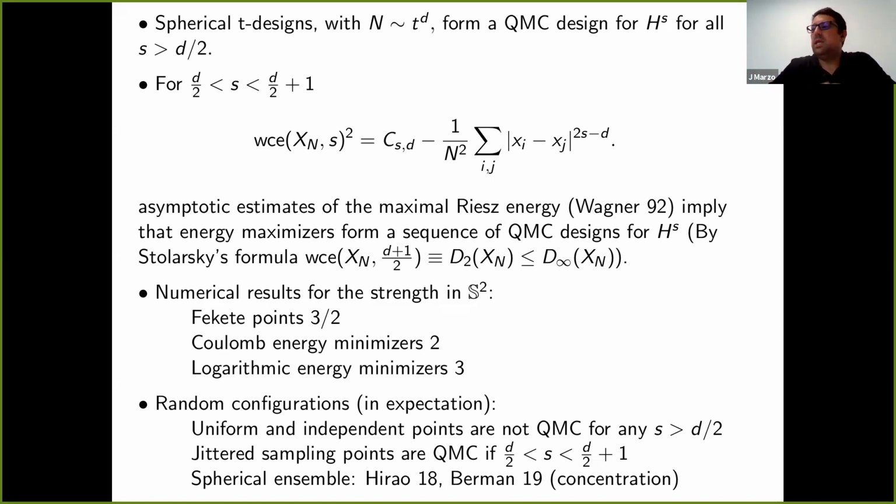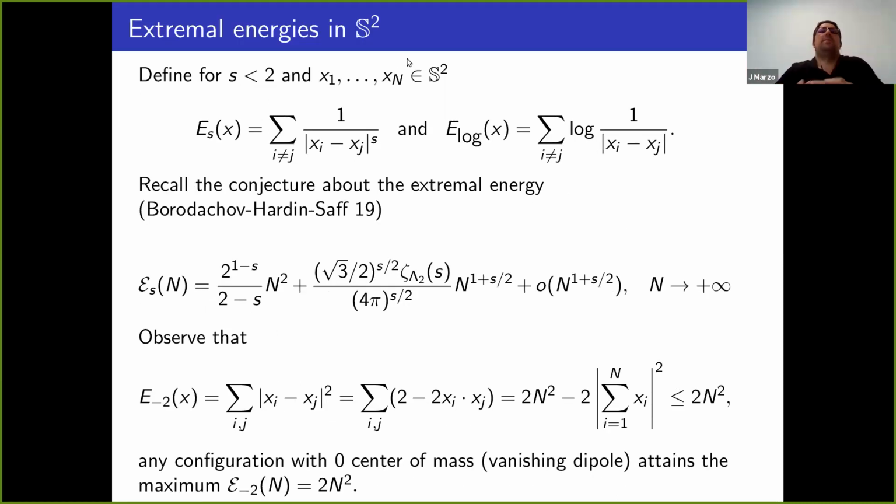So now I will move to the energies. Okay, so here I talked about maximizing this sum, because this power here is positive. So now I'm going to talk about extremal energies, moving to S2. Okay, extremal energy. If I have a set of n points on the sphere and some parameter s, I can define these Riesz energies, in terms of this Riesz interaction between points.